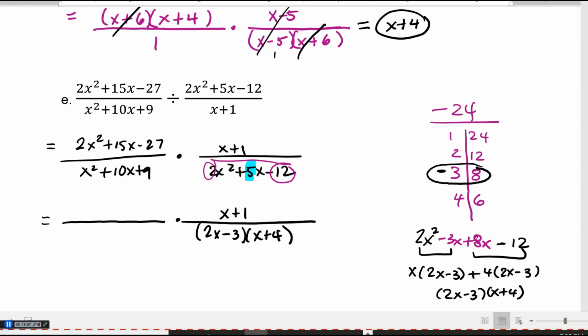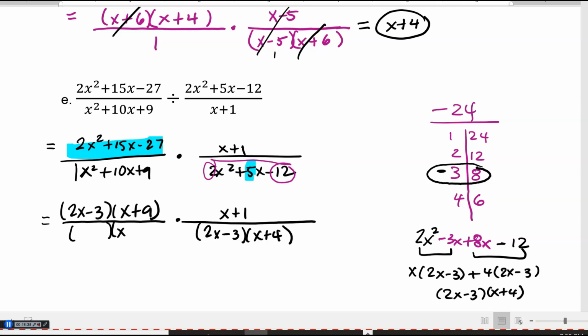So for the left side, if you had 2x minus 3 times x plus 9, you were right. So hopefully you did the AC method on this part. X squared plus 10x plus 9. Now is it necessary that we perform AC method? Not really, because you have a leading coefficient of 1 here.